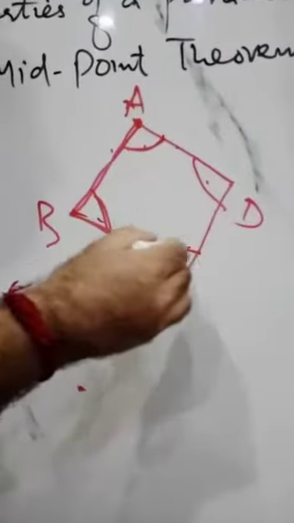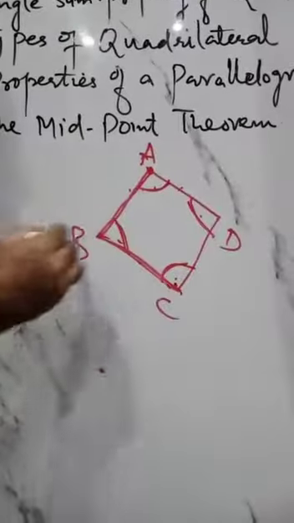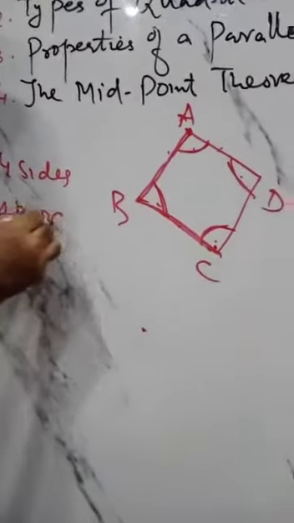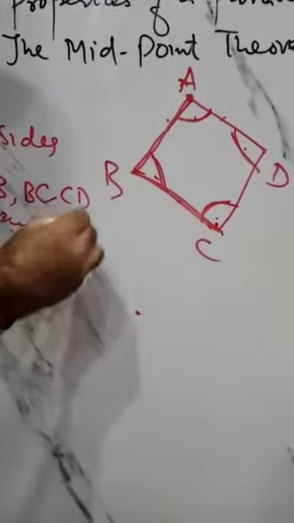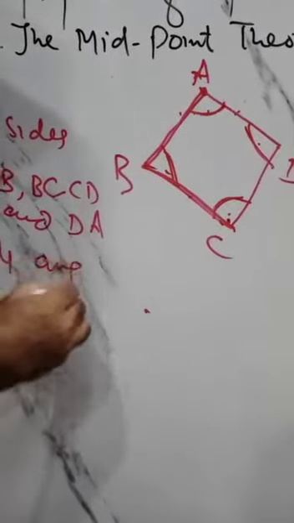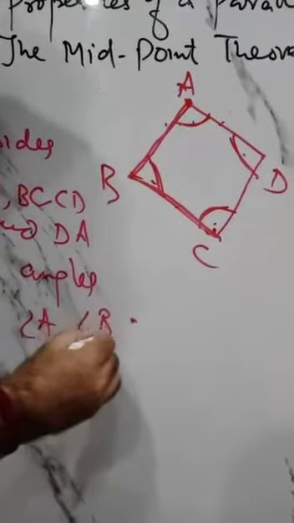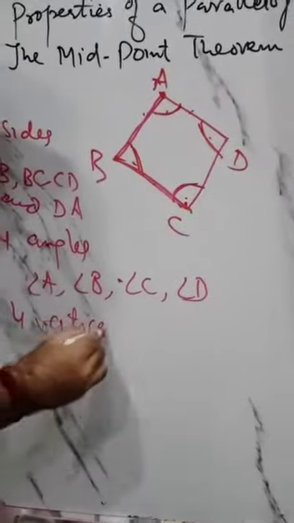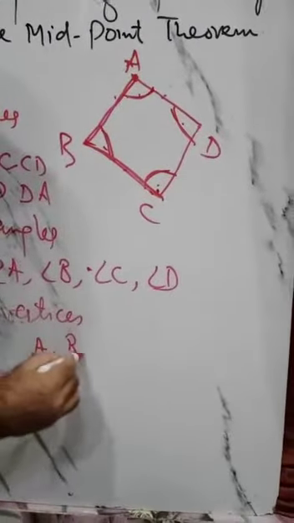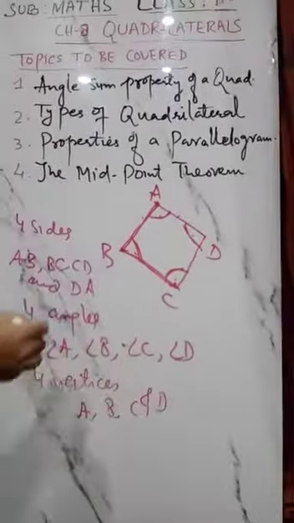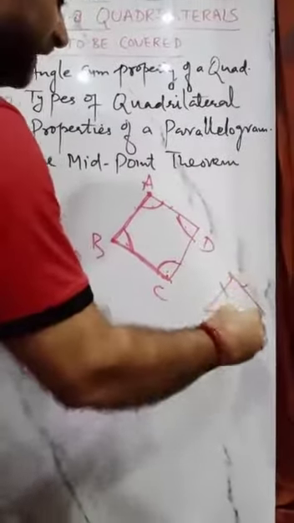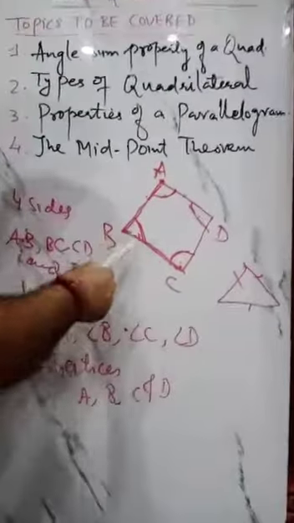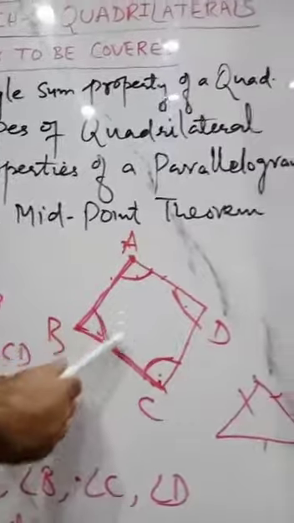The angles are angle A, angle B, angle C, angle D, and the four sides are AB, BC, CD and DA. Just like a triangle has only three sides, three angles and three vertices. So any four-sided closed figure is called a quadrilateral.